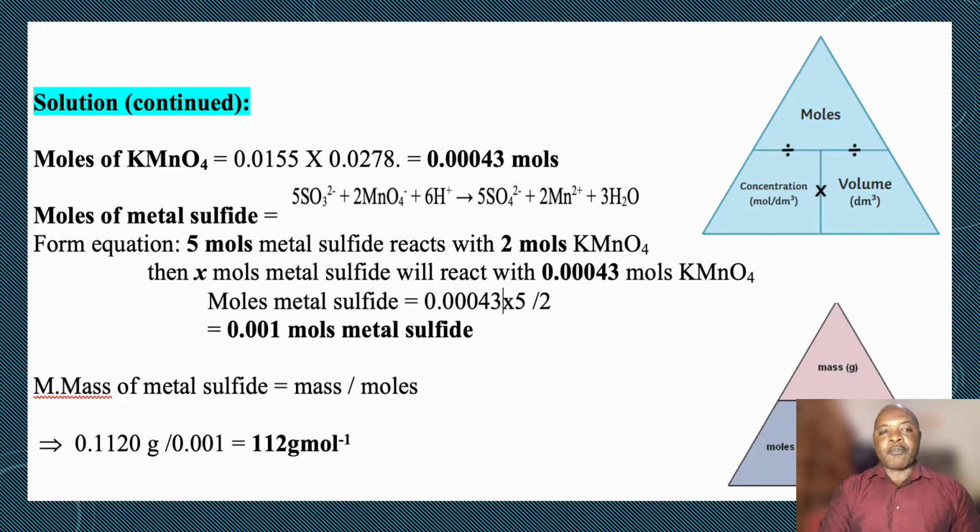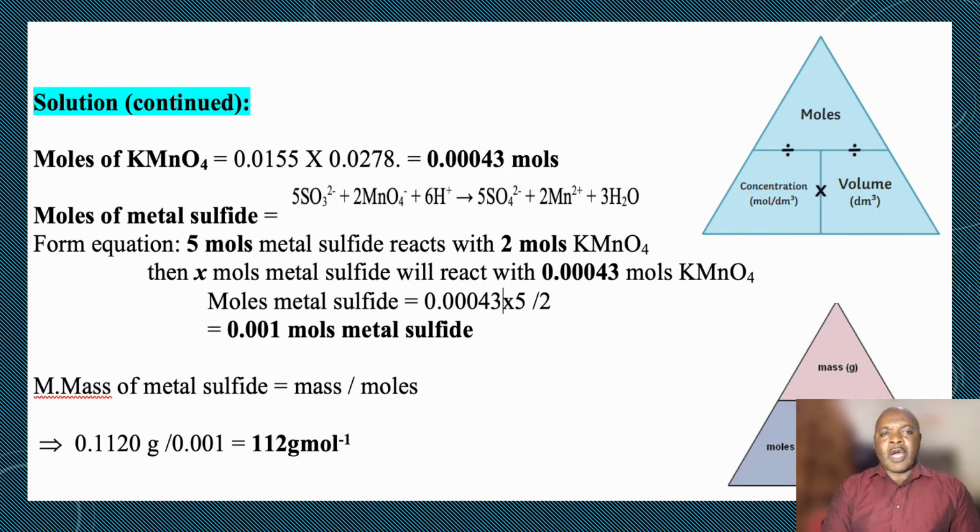We have been given the molarity to be 0.0155, and we are given the volume, which we have converted by dividing by 1000, so we have converted the volume to dm cube.